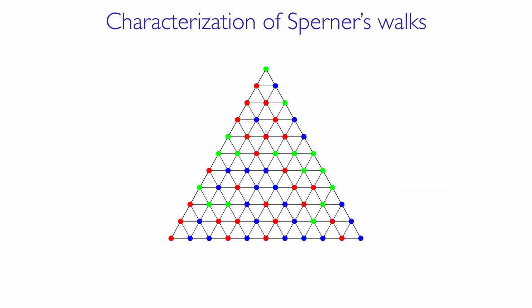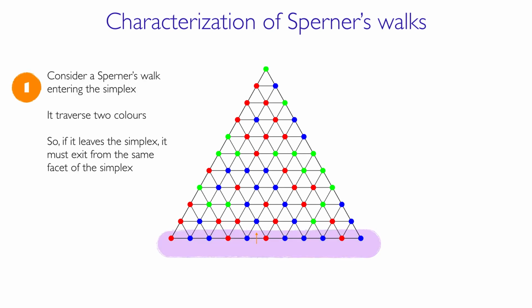Now our goal is to characterize the maximal Sperner walks, that is, the walks that cannot be further enlarged. We can show that they can be of four classes. Here the first class. Suppose that the Sperner walk enters the simplex from outside, traversing a facet of the simplex.